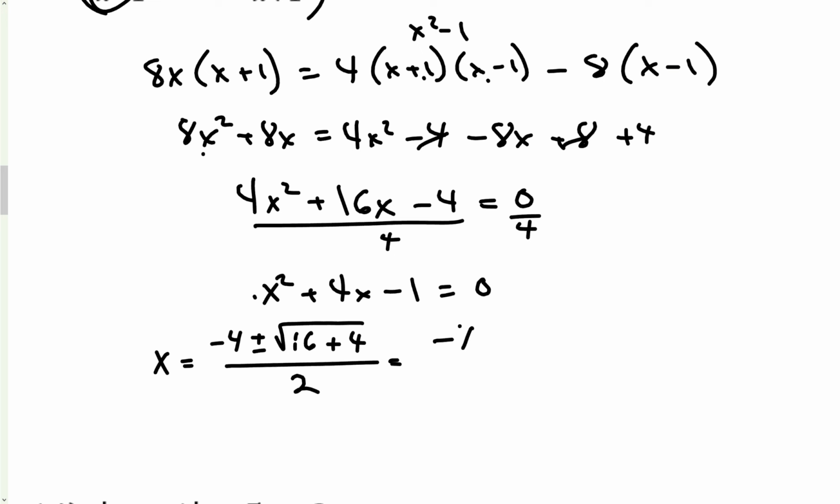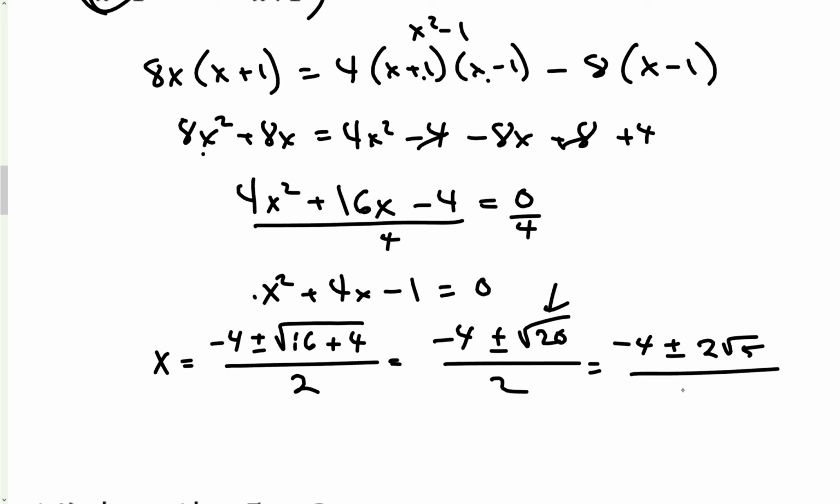So we have negative 4 plus or minus the square root of 20 over 2. Now, I just got to be sure that that is simplified, which it's not, because I can split that into 4 times 5. So it turns into negative 4 plus or minus 2 radical 5 over 2. And so canceling out the 2's gives me negative 2 plus or minus the square root of 5.